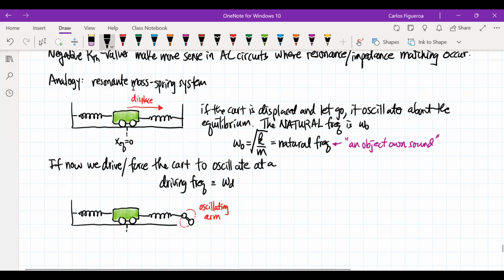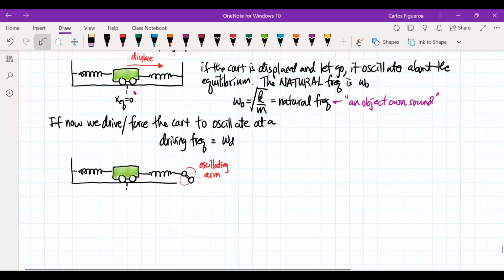Now, here's what we want to do, though. We would like to derive the motion of this thing.